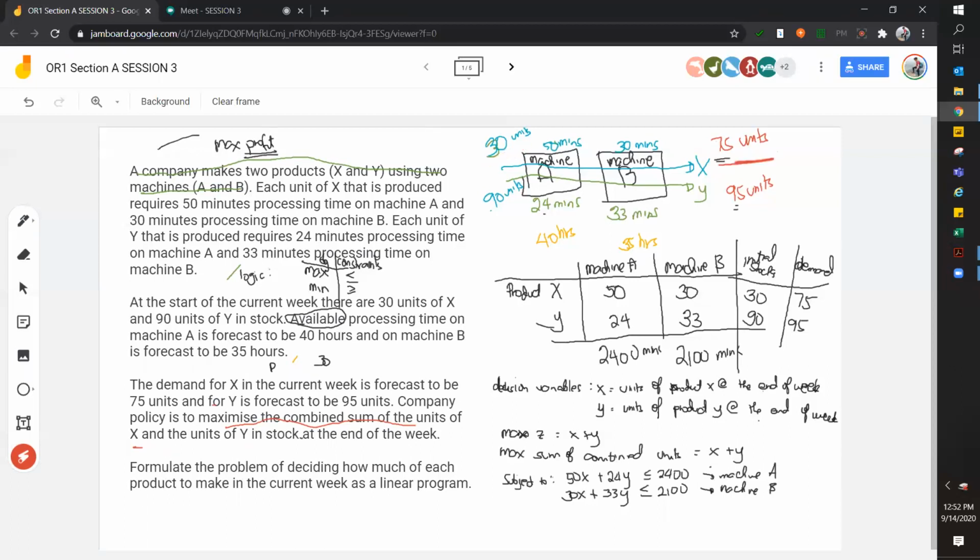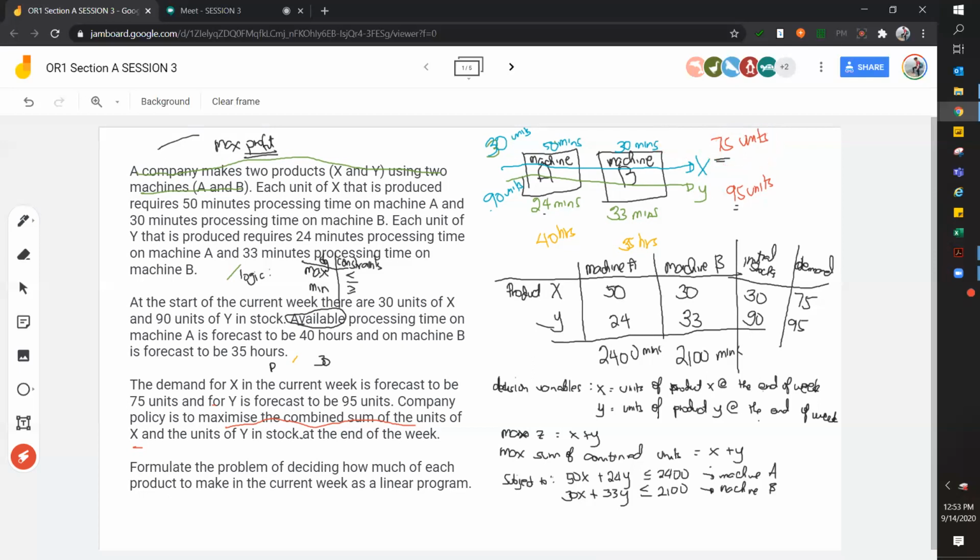Kailangan ko ay 75 units. How much do I need to support that 75 units? Yep, 45 units. That is, kailangan ko dito ng 45 units, just to support this 75 units.